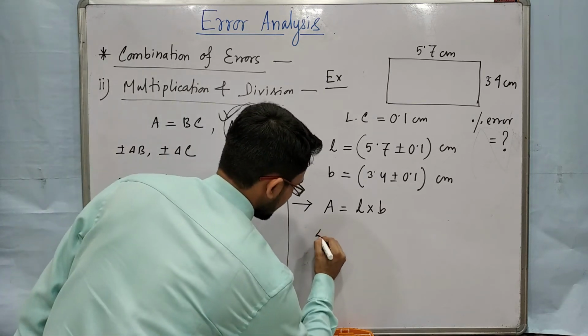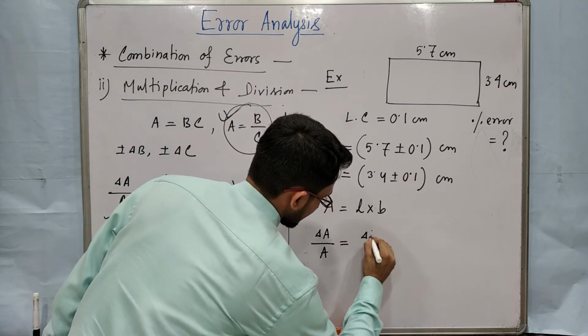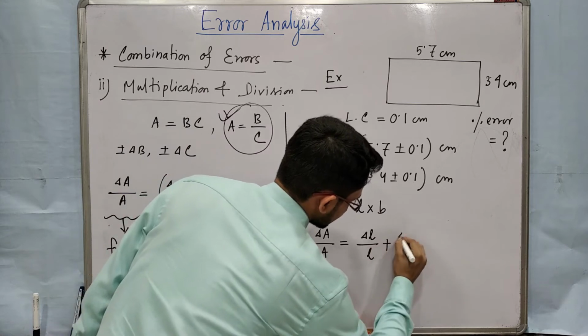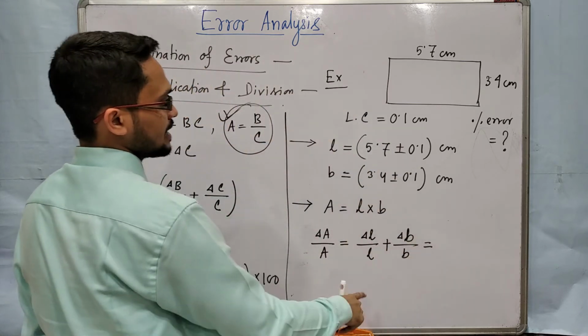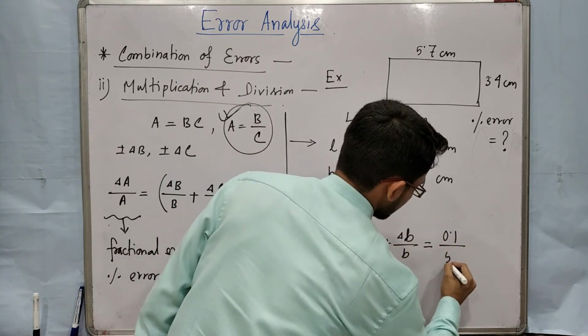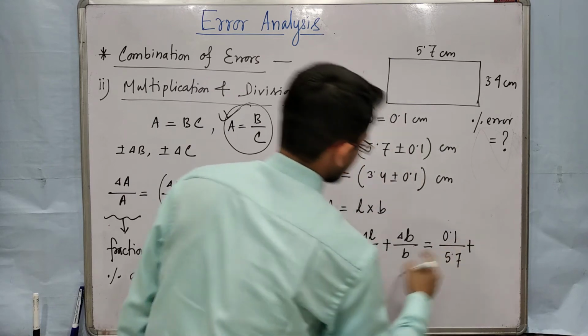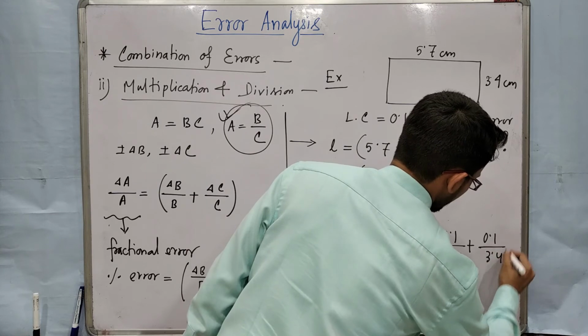So delta A by A, this is the fractional error, is delta L by L plus delta B by B. Delta L by L is 0.1 by 5.7, plus delta B by B, 0.1 by 3.4.